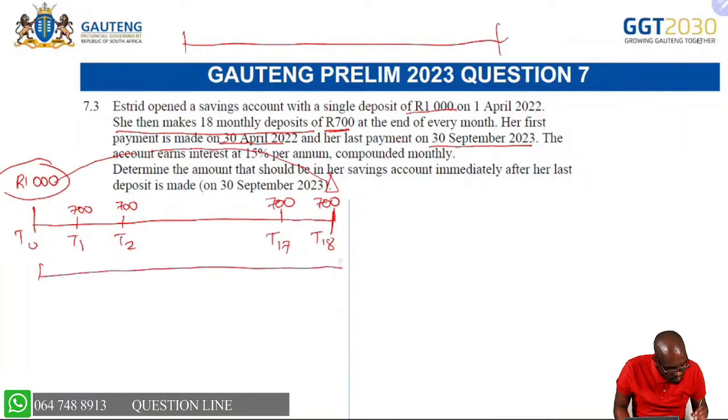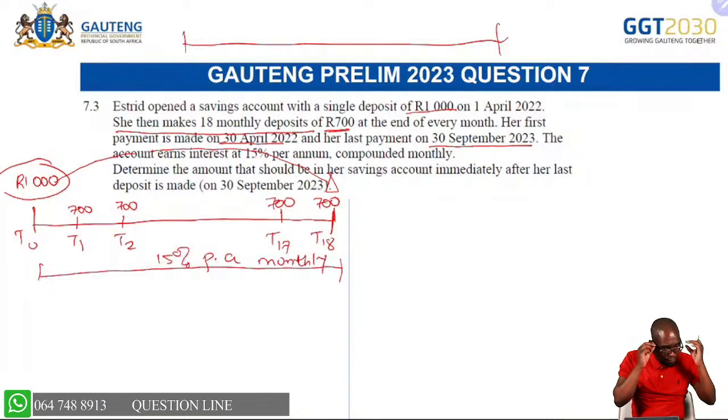Remember, the interest rate here is 15% per annum, compounded monthly. So you get to see that this money is going to grow for 18 months. So you can use compound interest to grow that money.